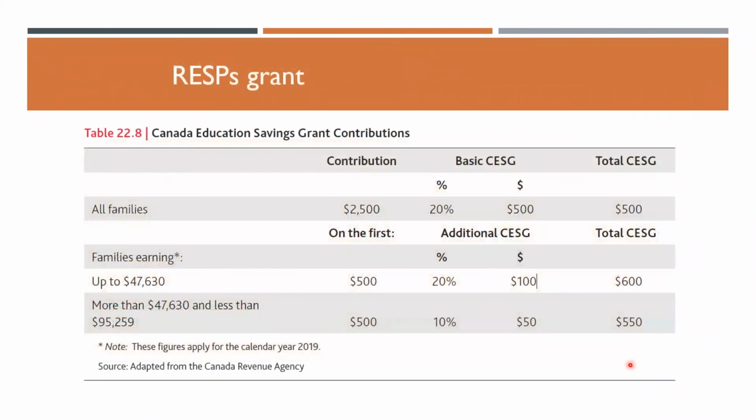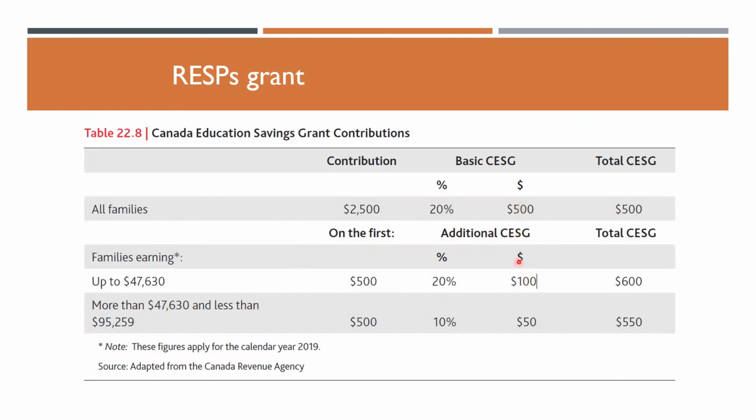Let's take a look at this chart. It shows you that for all families, when they contribute $2,500 in a year, 20% of $2,500 is $500. They will get a grant from the government of $500. Then based on their income, if they're earning up to 47,000, then from this contribution on the first 500, 20% of that is $100 extra.